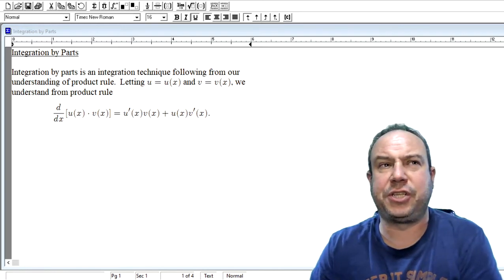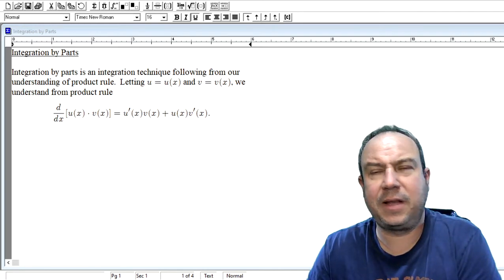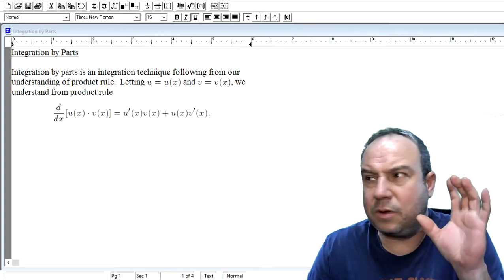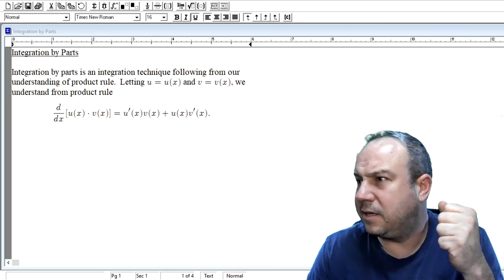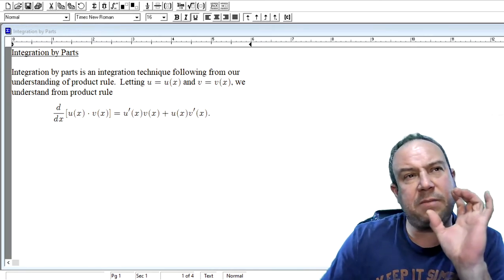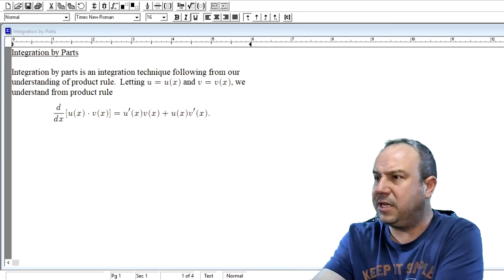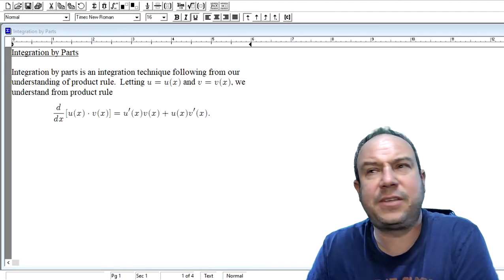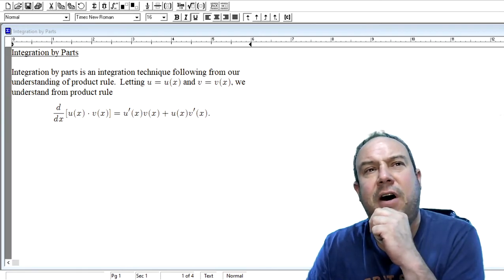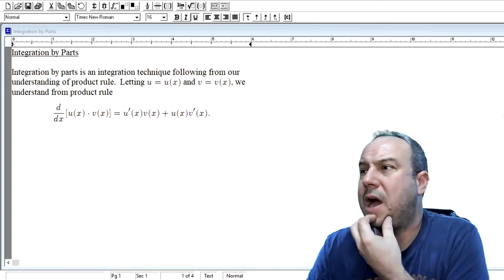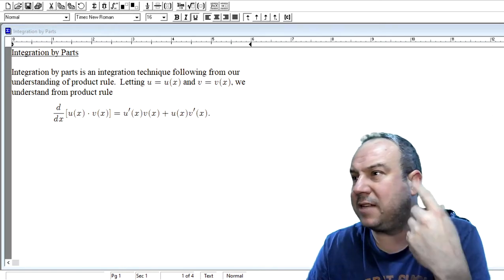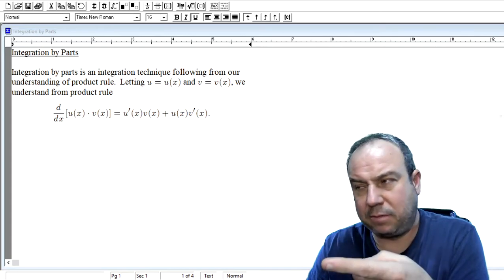By looking at the product rule and undoing that differentiation using integration, we can manipulate that result into an integration statement that involves the product of 2 quantities. This is known as an integration by parts problem.